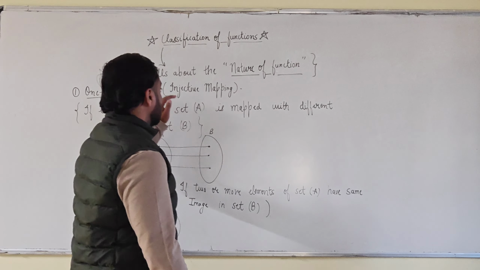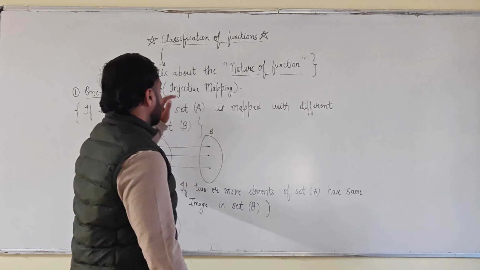A many-one function says that if two or more elements of set A have the same image in set B, for example, the first element of set A is mapped to the first element of set B, and the second element of set A is also mapped to the first element of set B. So two elements of set A map to the same element in set B, meaning they have the same image. This kind of mapping is said to be a many-one function.